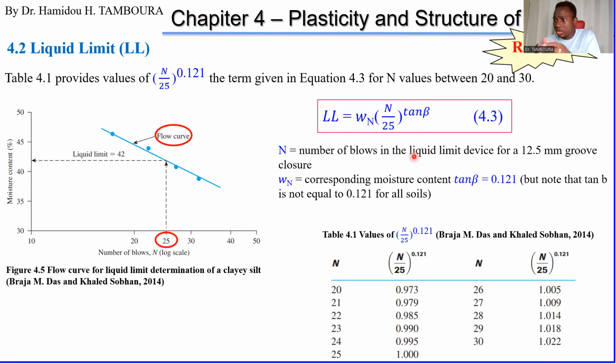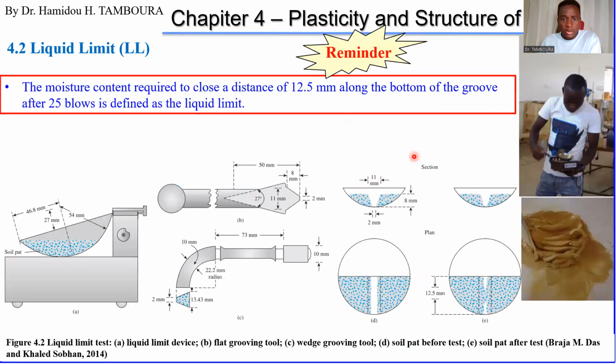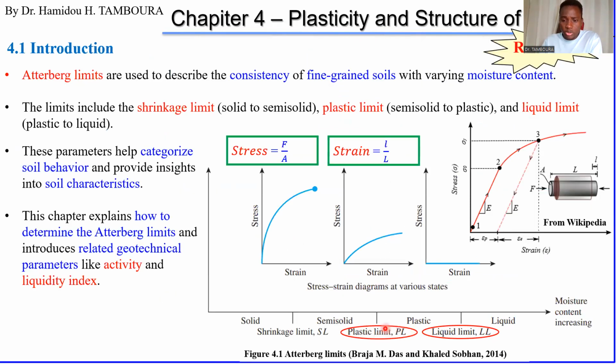So liquid limit is the amount of water you need to mix with the soil so that we reach the border between the liquid state and the plastic state of soil.